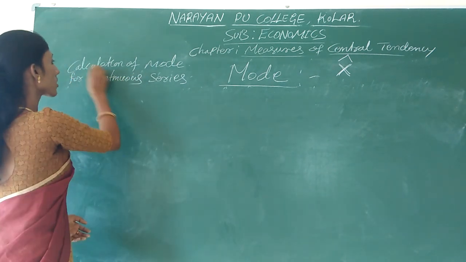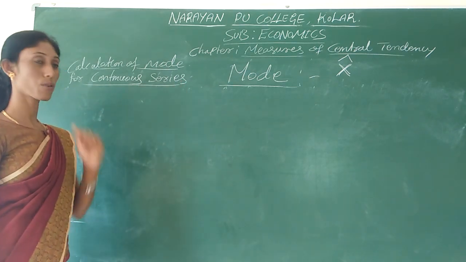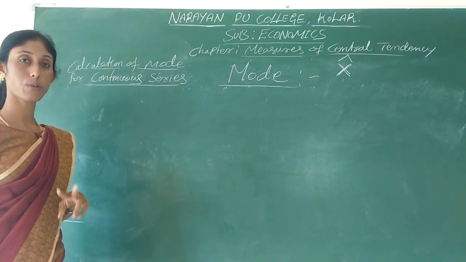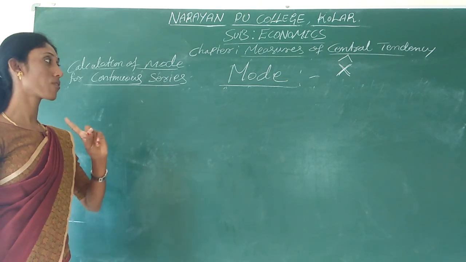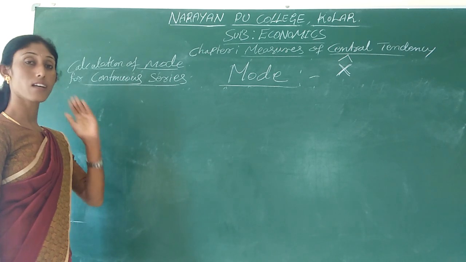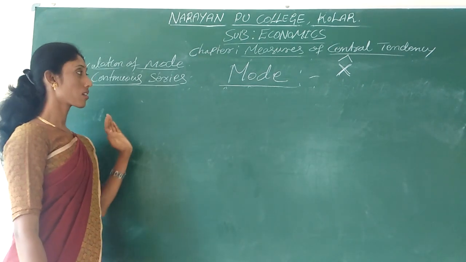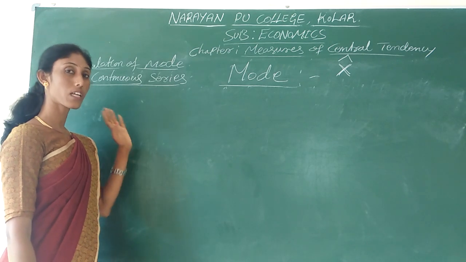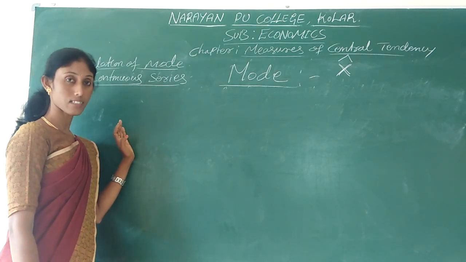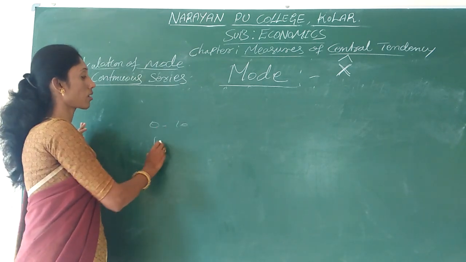Continuous series. Calculation of mode for the continuous series. Here you need to understand two formulas. In a continuous series the data will have class intervals, like 0 to 10, 10 to 20.